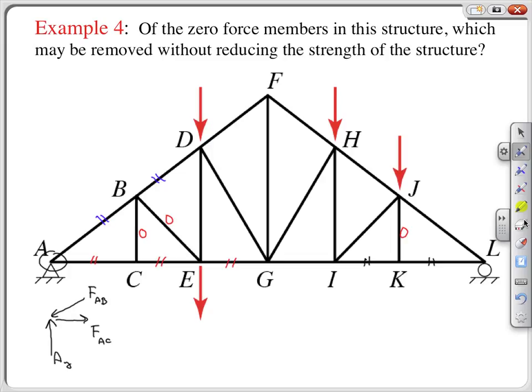This indicates that AB is in compression and AC is in tension.